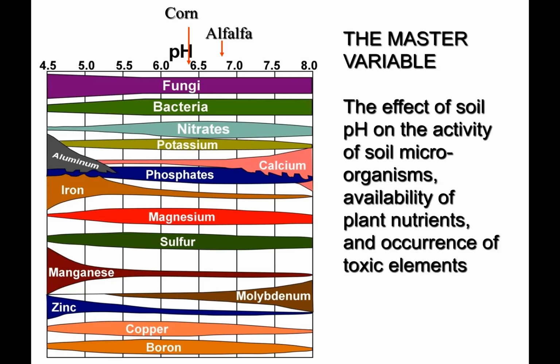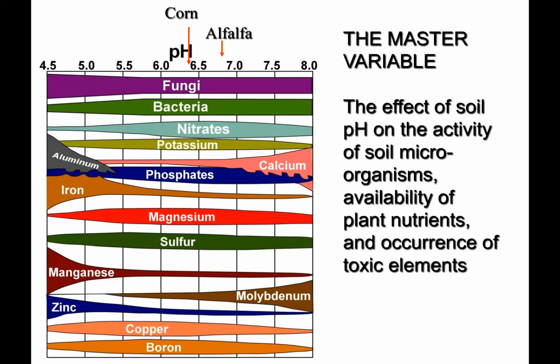Manganese is an essential nutrient, but too much of it is not a good thing. So when we get down to a more acid pH, manganese availability increases, plant uptake of manganese increases, and we decrease crop growth.